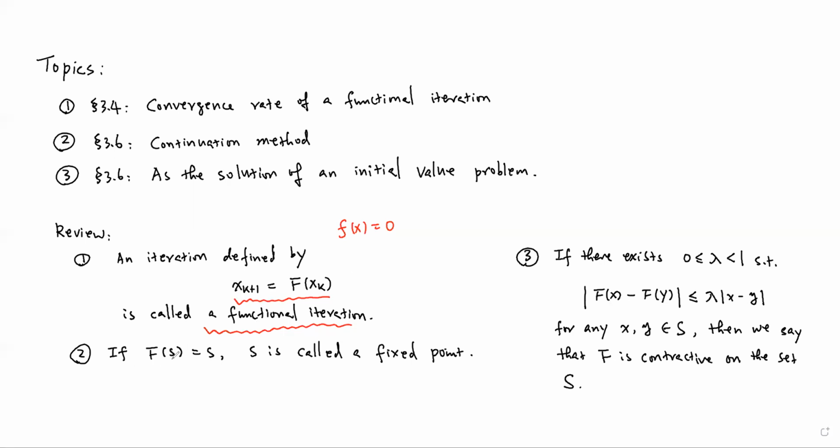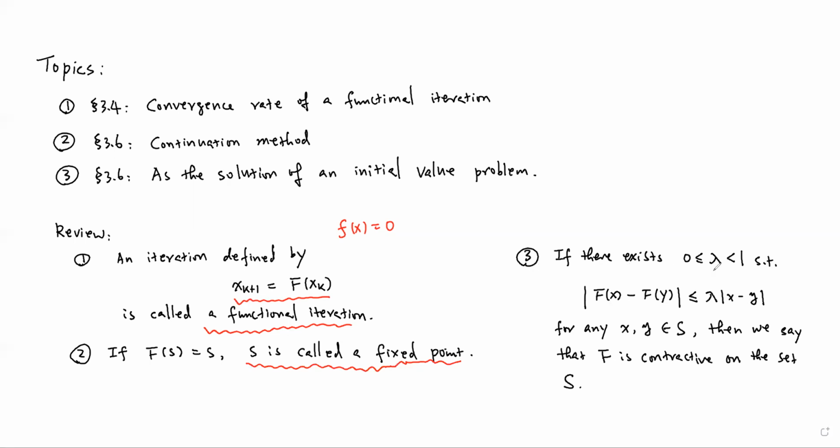Review number 2. If capital F at S, its value is S, then S is called a fixed point of capital F. Review number 3.